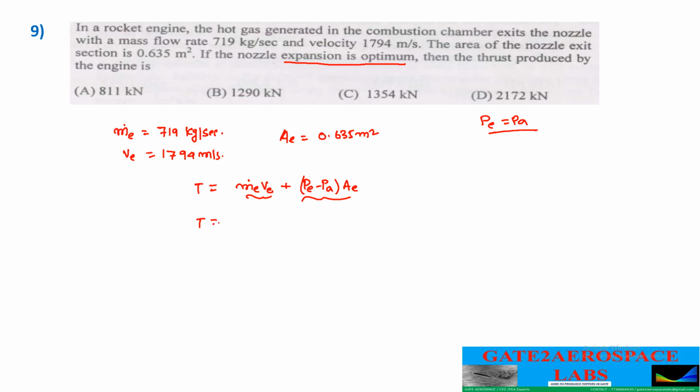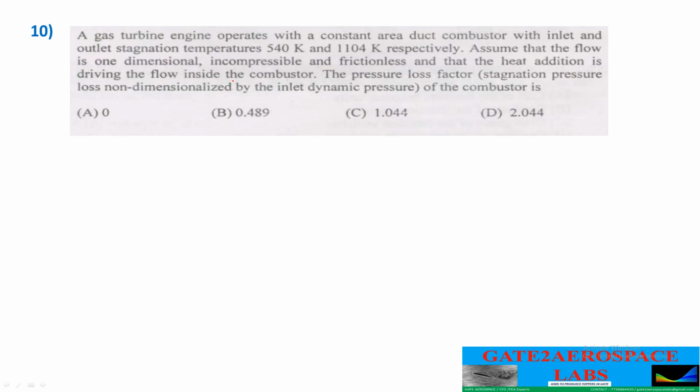The thrust will be equal to 719 into 1794 plus this term, which becomes 0 as PE equals PA. So the thrust will come out to 1289.88, which you can tell is 1290 kg. So B is our answer.